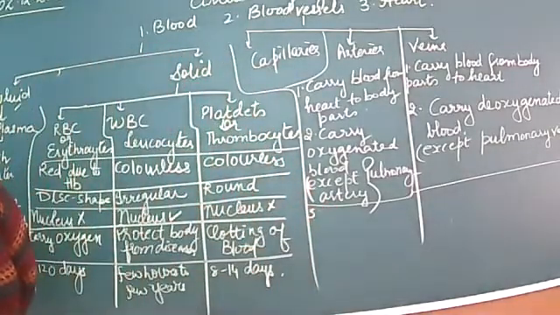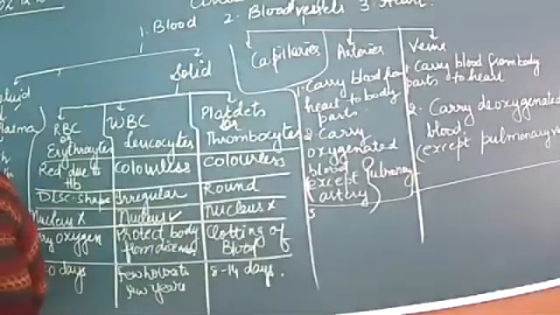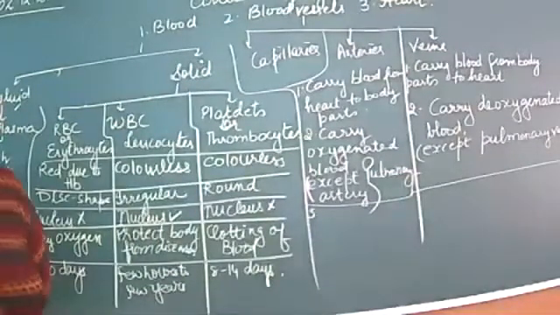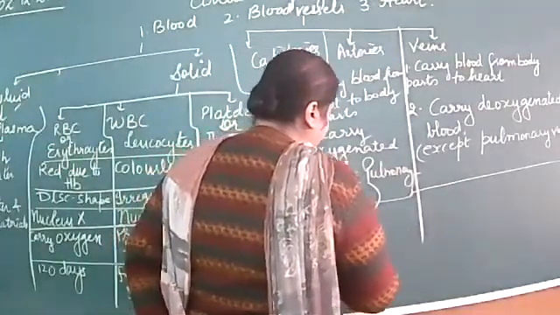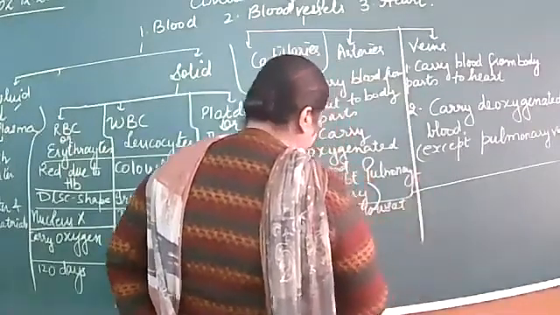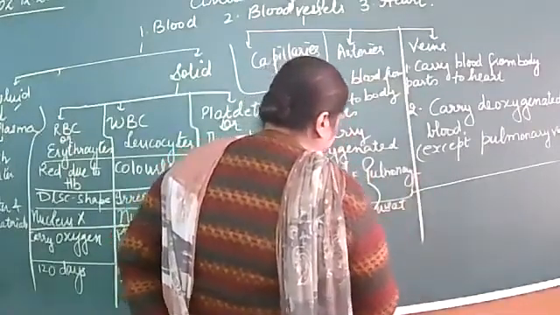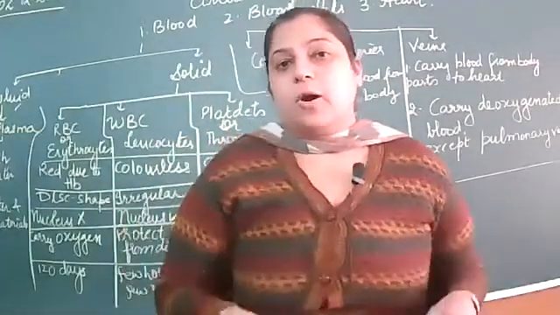Third difference है आर्टरी का, blood flows at high speed and high pressure, क्योंकि बॉडी के सारे ऑर्गन्स को पहुंचना है.